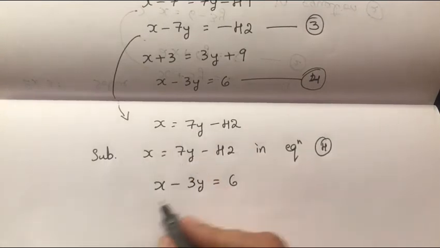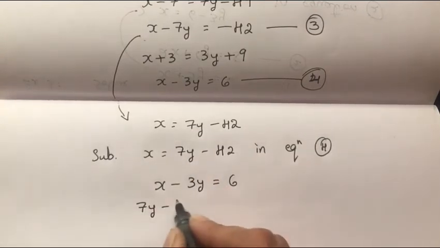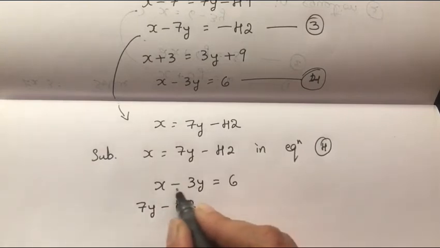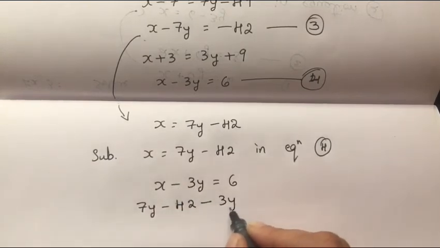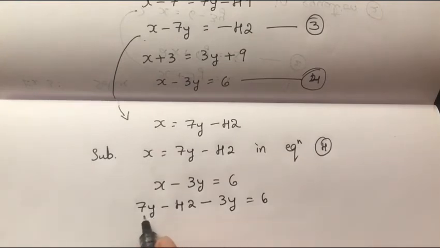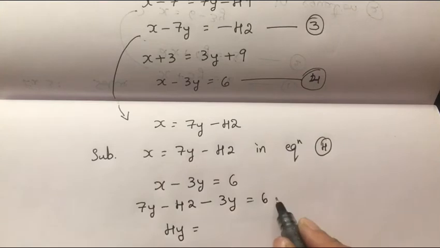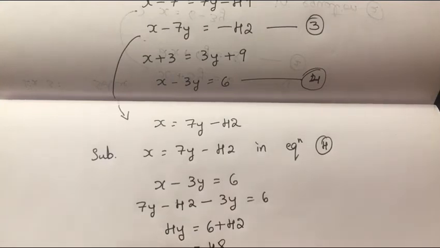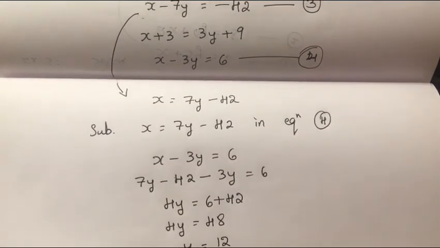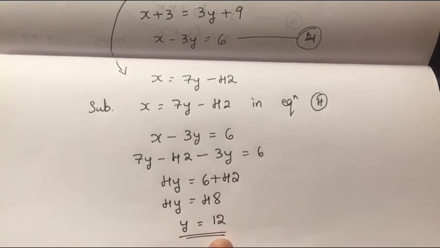So the x value is 7y minus 42 minus 3y equal to 6. 7y minus 3y is 4y, and 6 plus 42 is 48. So 4y equal to 48 and y equal to 12. That is, son's age is 12 years.